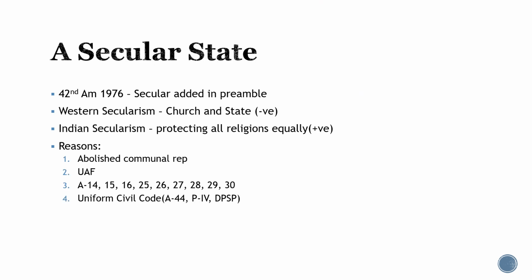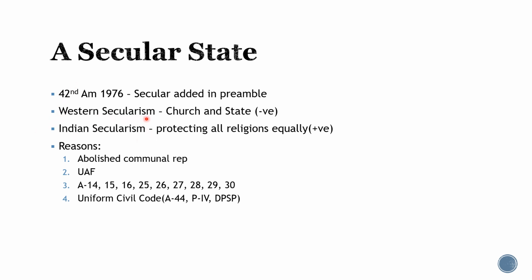In the 42nd Amendment Act of 1976, the word secular was added as part of the preamble. But the Supreme Court said that even without adding the word secular, the Constitution still had the secular provisions that were already existing. So let's talk about what secularism means. There's Western secularism, and there's Indian secularism.